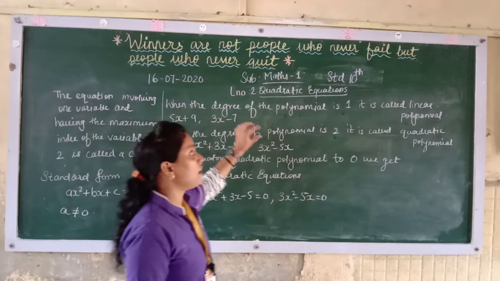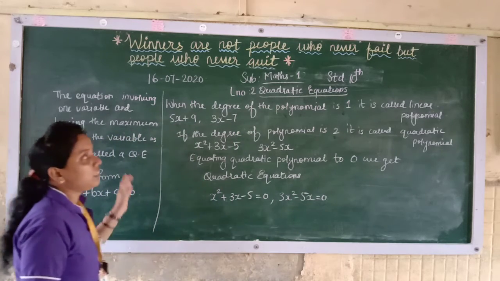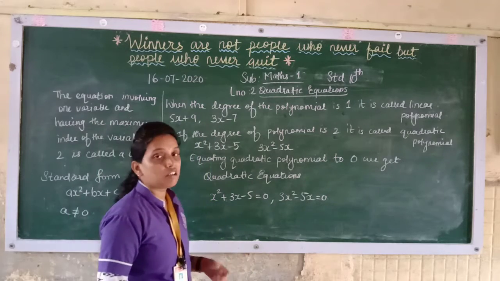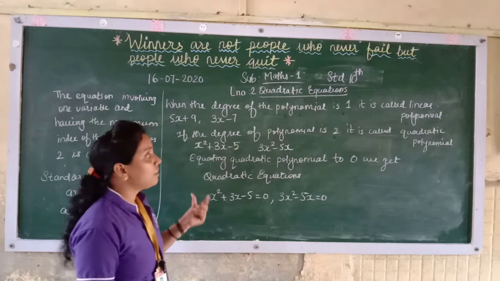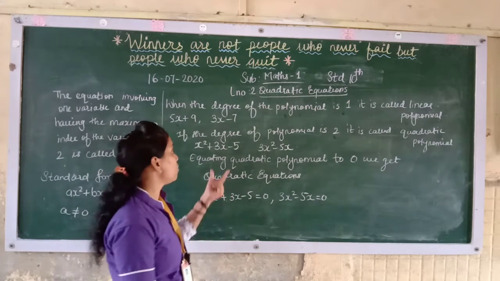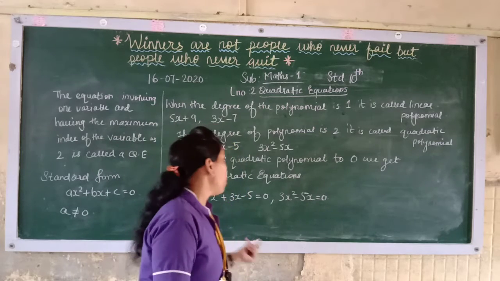Otherwise, they are polynomials. So again I will repeat, when the degree of the polynomial is 1, it is known as a linear polynomial. When the degree of the polynomial is 2, that is the highest degree, and only one variable is involved, then it is a quadratic polynomial.